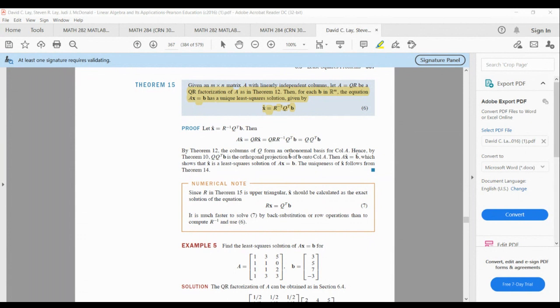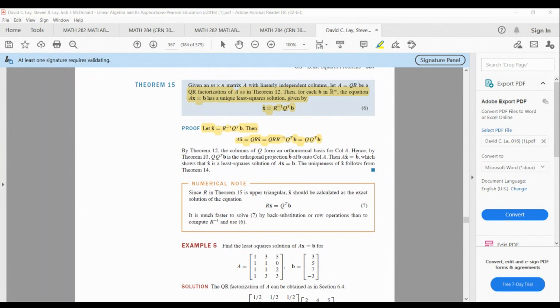Now, the proof of this is actually pretty interesting. What they do is the following. They say, all right, well, let x hat be defined as R inverse times Q transpose times b. Take A times x hat.